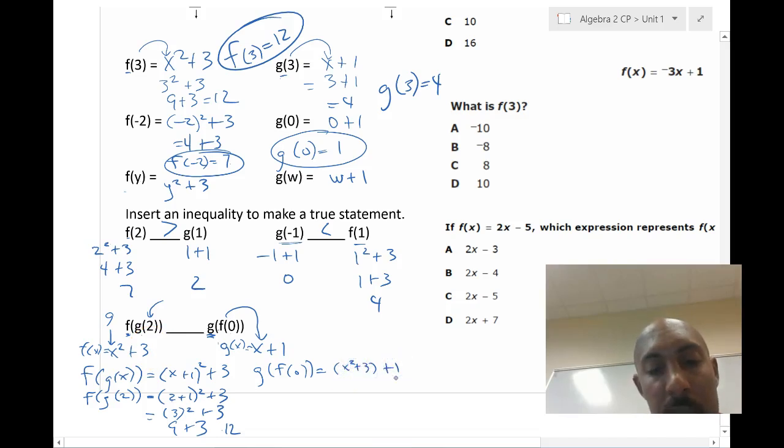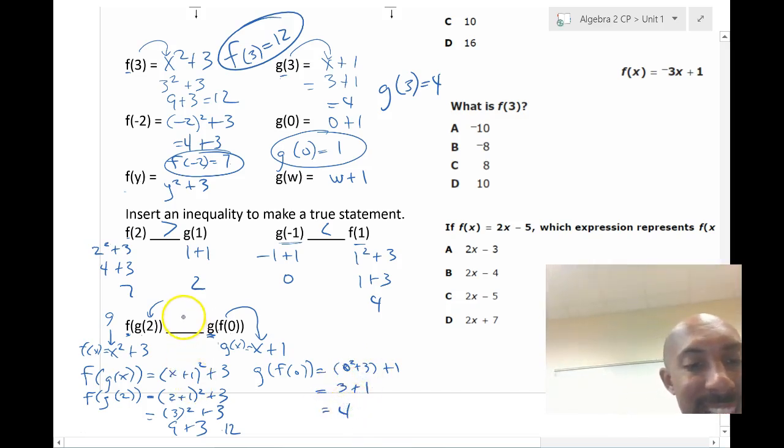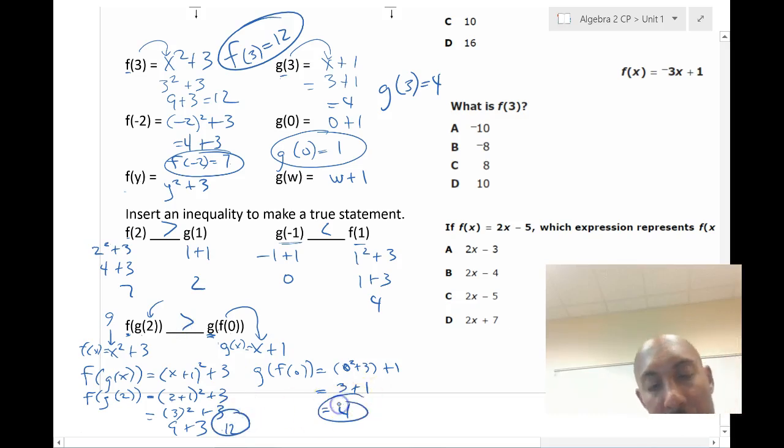So now it's that plus 1. Basically I replaced the x with the f function. And now I need to put 0 for x. So 0 squared is 0, plus 3 is 3, plus 1 is 4. So then we know that this is bigger because this was 12 and this was 4.